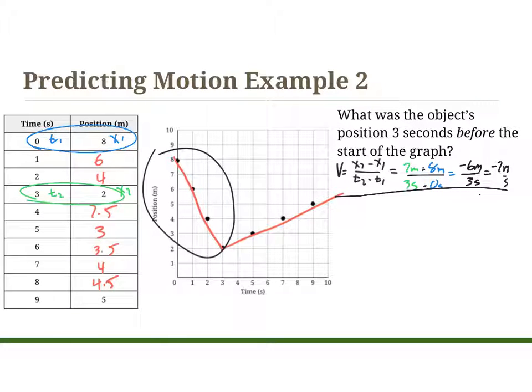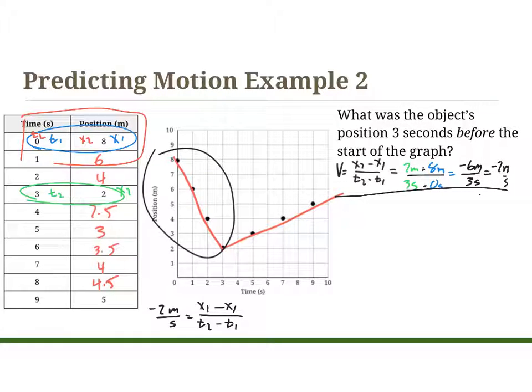So my velocity is negative 2 meters per second, but I now need to figure out what's going on 3 seconds before the start of the graph. So we still have x2 minus x1 over t2 minus t1. But this time I'm going to say that this is my x2 and my t2, because that's kind of like the beginning part of my graph.